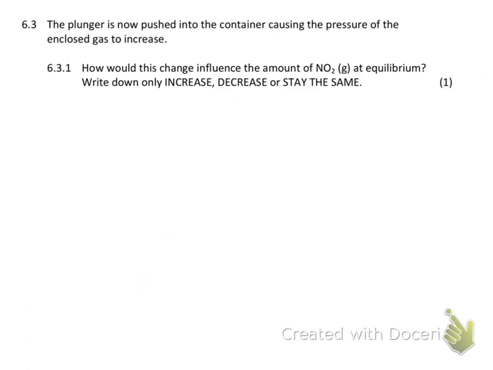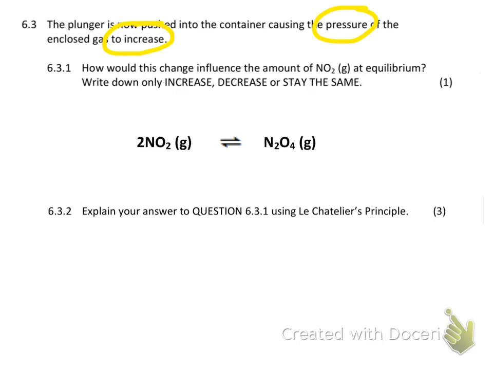All right, 6.3.1, we're now making a change to the setup, and the question says that the pressure of the gas increases. So that's a change, and we need to now work out how that's going to affect the concentration of NO2 at equilibrium. So having a look at the equation, we see that we have 2 moles of NO2 on the left and 1 mole of N2O4.